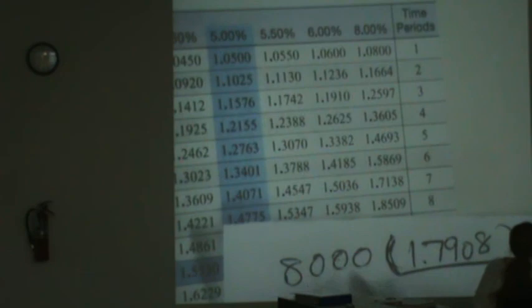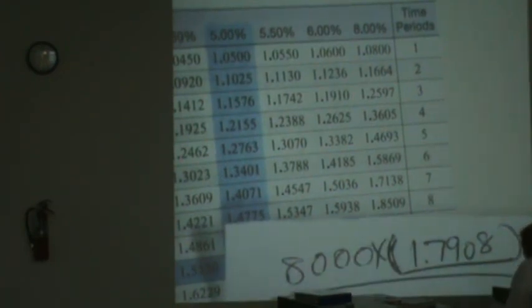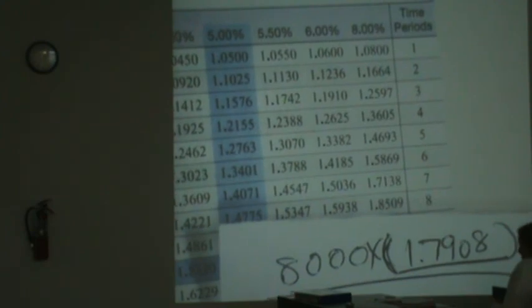So 1.7908, multiply that by 8,000, and that's your answer. Okay, that gives you what? The total amount at the end of the year, doesn't it? That added stuff in every time?